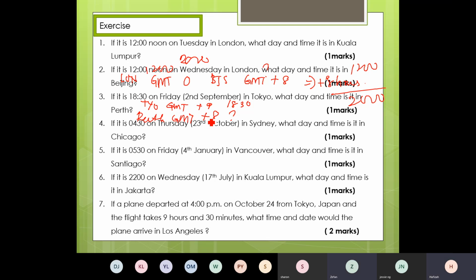How did you get 17:30? 9 minus 8, then 18:30 minus 1 hour, because Perth time is 1 hour behind Tokyo time, since it is plus 8. Okay, so the answer is 17:30.